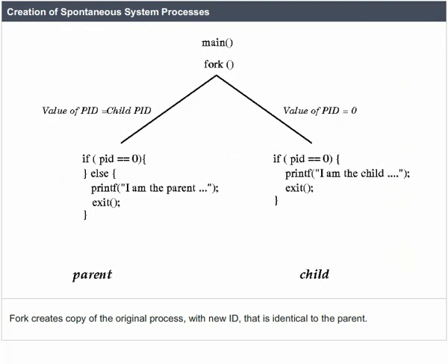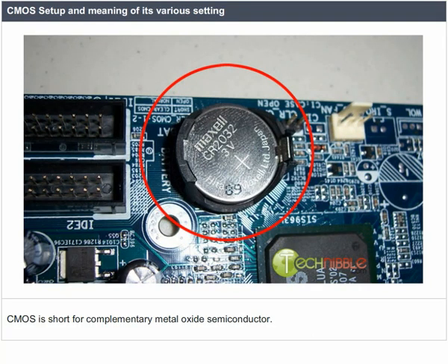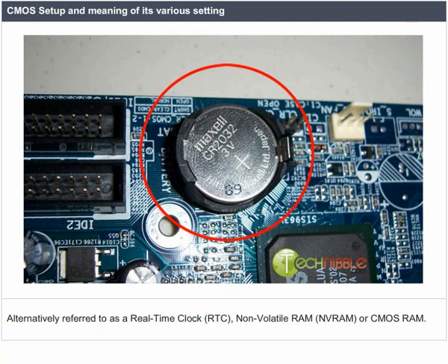CMOS setup and the meaning of its various settings. CMOS is the short form for complementary metal oxide semiconductor, alternatively referred to as a real-time clock, RTC, non-volatile RAM, NVRAM, or CMOS RAM.